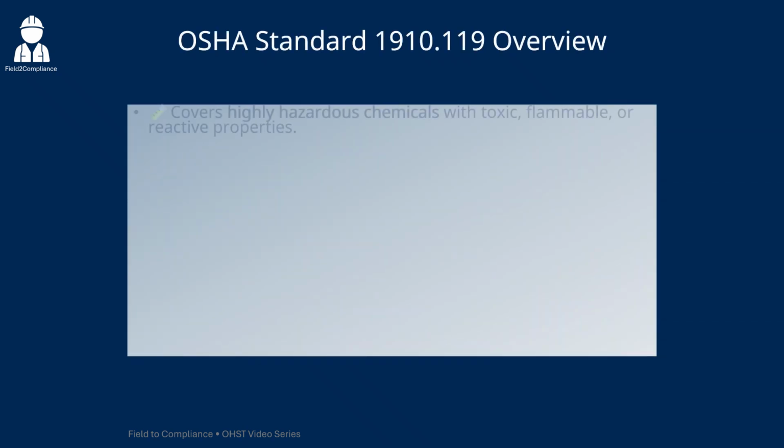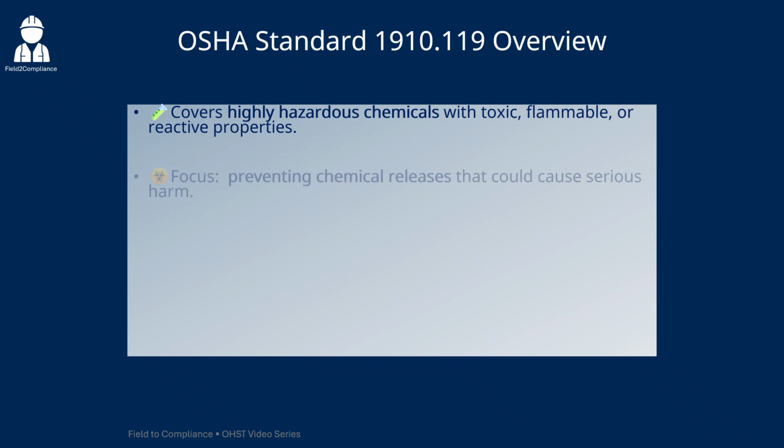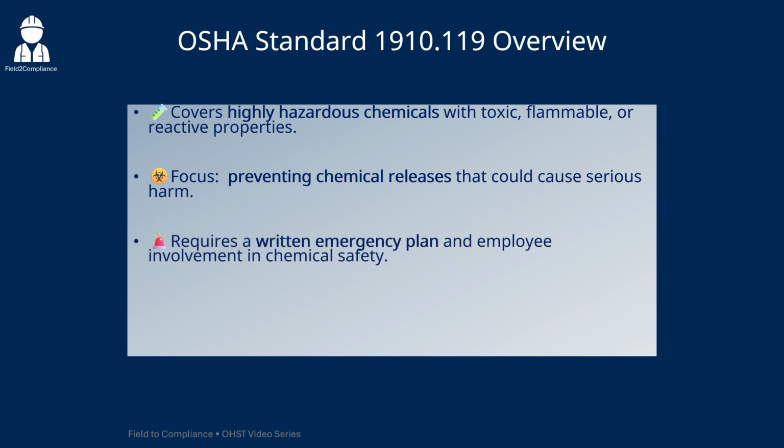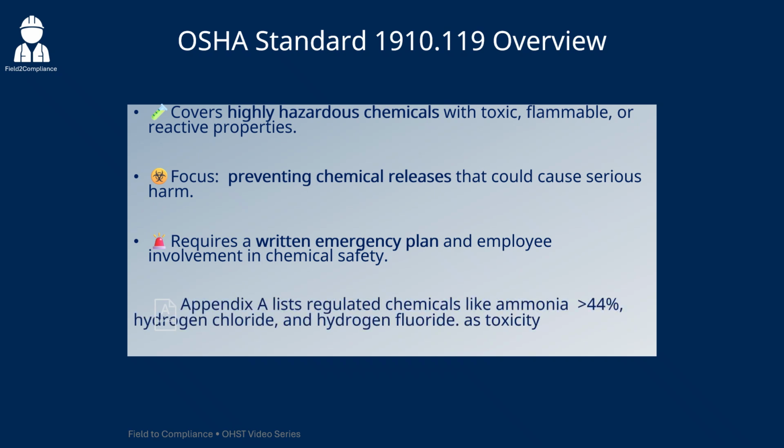OSHA 1910.119 covers highly hazardous chemicals, those that are toxic, flammable, or reactive. For the OHST exam, focus on its core purpose: preventing catastrophic chemical releases. It requires a written emergency plan and employee participation in safety procedures.